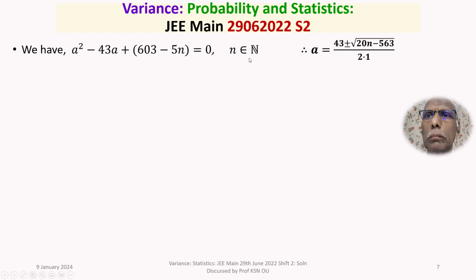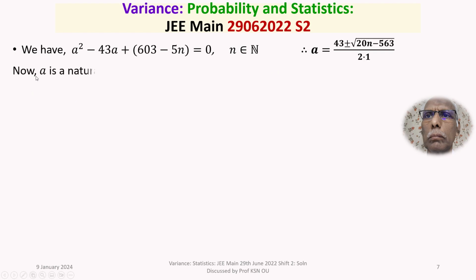When simplified, you will get A equal to 43 plus or minus the square root of (20n minus 563), whole by 2 into 1, that is 2. So the values of A we got, and our question is for the number of values of A which are natural numbers for which the variance is a natural number.